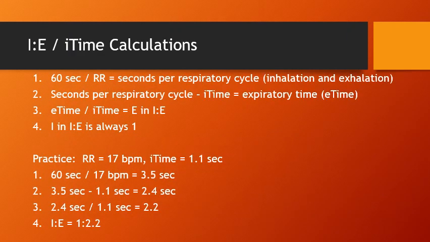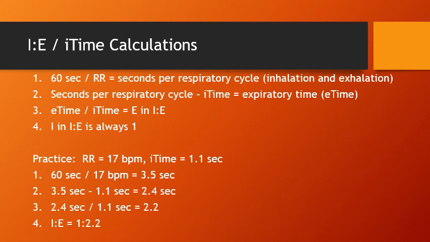So now we're going to work through this calculation and how we relate the I time to the I/E ratio. Okay, so let's just use this first section up here at the top of the slide, as it's basically showing you how these equations work in words, and then we'll put some numbers into those in the second part.